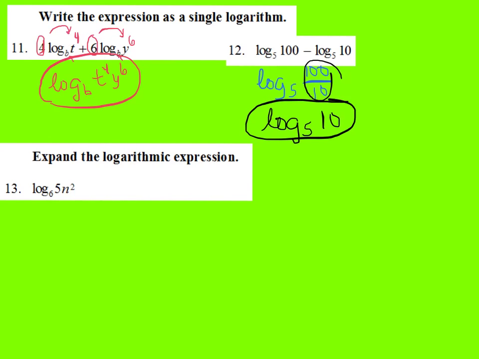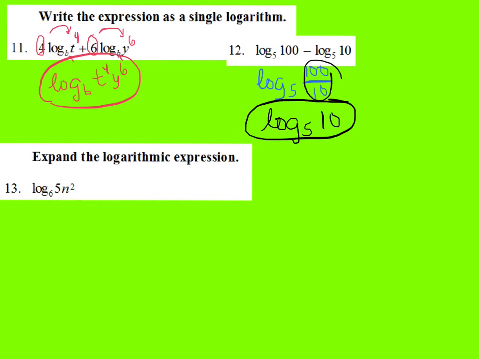Now, in this next problem, we're going the opposite direction. It wants us to expand. So I'm going to take this thing and I'm going to start pulling it apart. Well, the first thing I see is that I have 5 and n squared. Those are two different things, 5 and n squared. So I'm going to break it up.